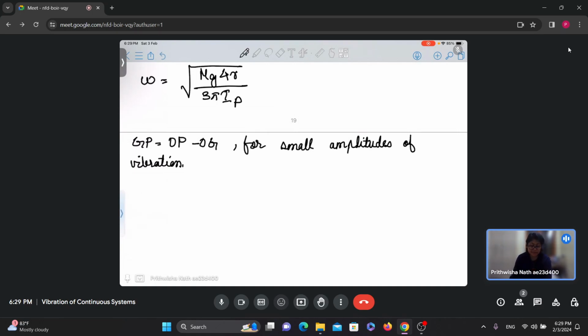Now, what is Ip? Ip is Ig plus M into GP square.